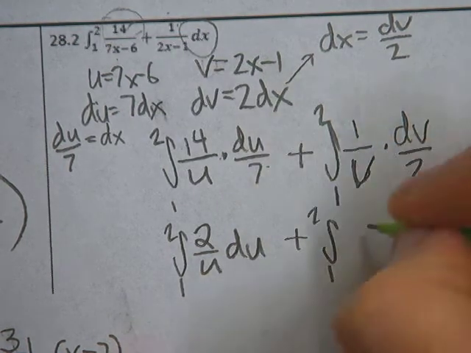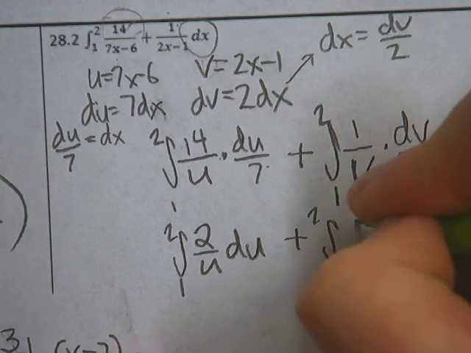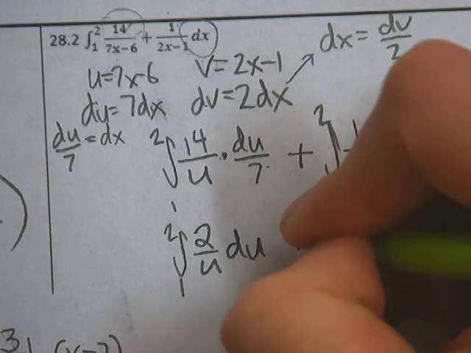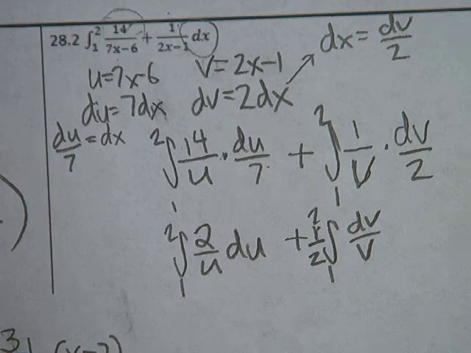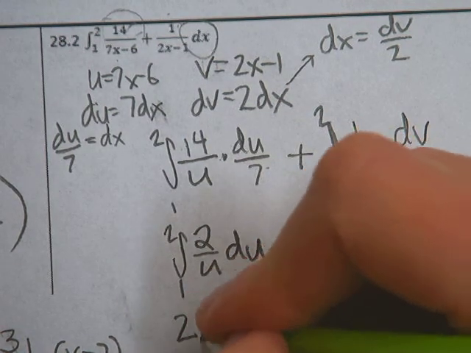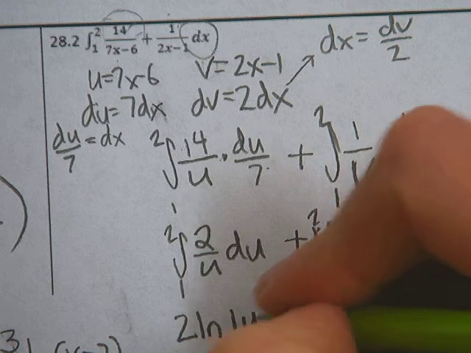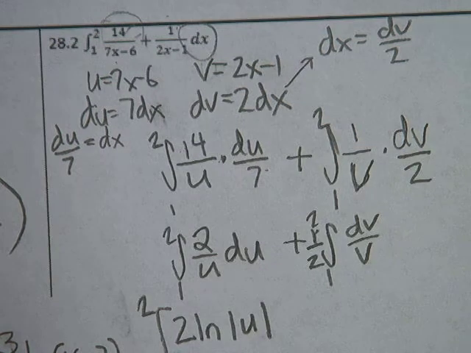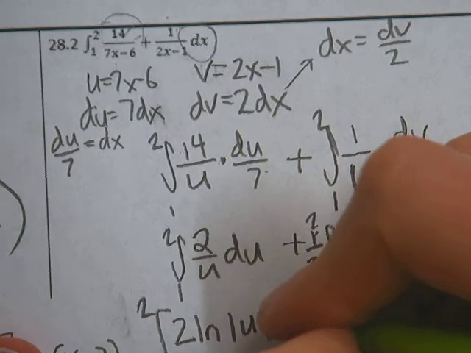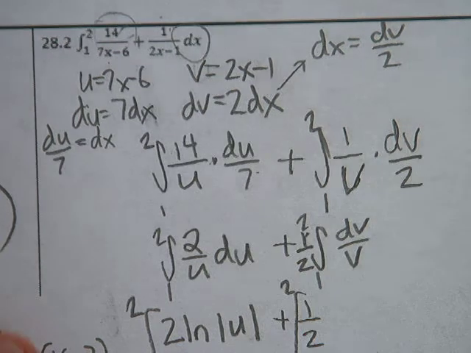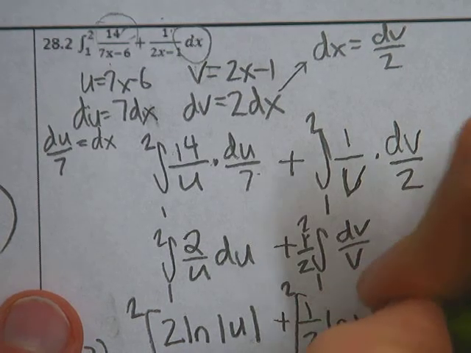Integral from 1 to 2 of dv over v, and we have a 1/2, and I'll just pull it out in front. So it should be pretty easy to integrate these. We just get 2 natural log of the absolute value of u, evaluated at 1 and 2. And here we get 1/2, also evaluated at 1 and 2, of the natural log of v.